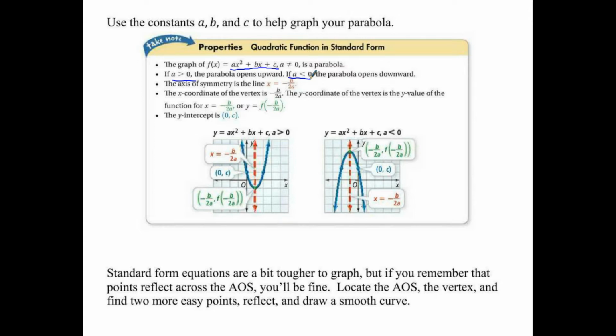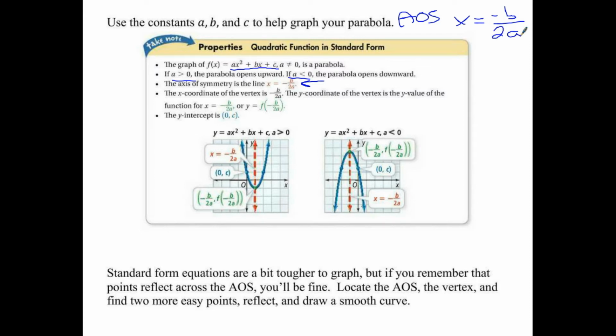The axis of symmetry is the line x equals negative b over 2a. This guy right here is how we're going to get started as we're graphing these parabolas from standard form. So AOS is my abbreviation for axis of symmetry. The axis of symmetry, remember from last time, is an equation, x equals negative b divided by 2 times a.